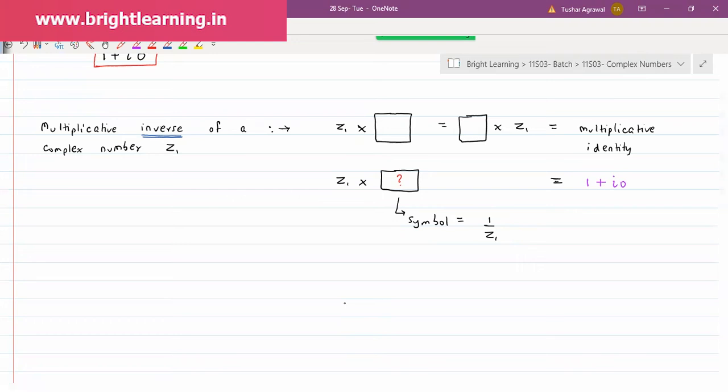So now what is the value of this 1 horizontal line Z1?